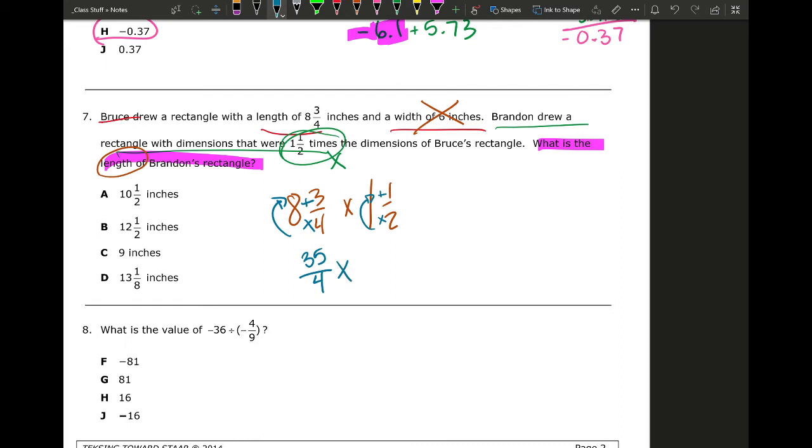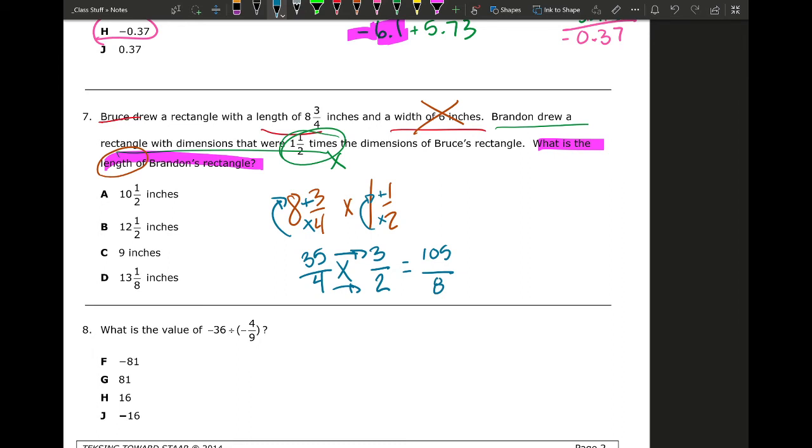Times 2 times 1 is 2 plus 1 is 3. Denominator stays the same. And the way we multiply fractions is straight across. 35 times 3 is how much? 3, 6, 9, 105. And the bottom is 4 times 2 is 8.